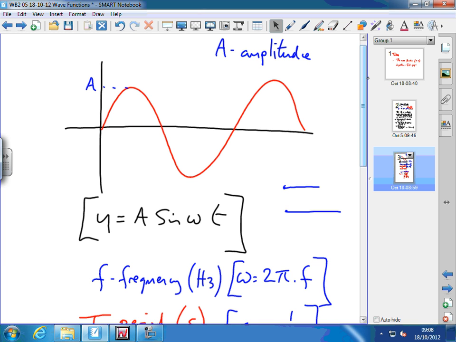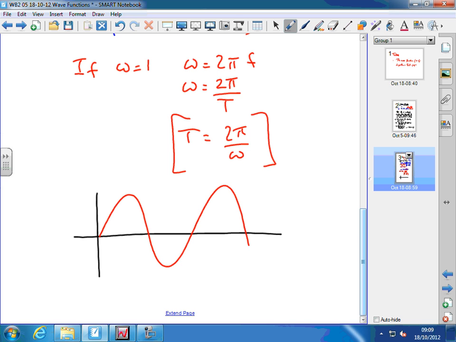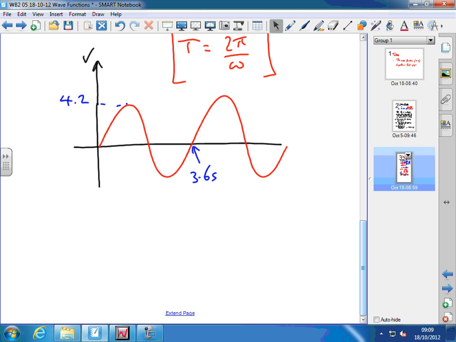If I had an example here, and I was looking at an oscilloscope trace, and I saw that this was 3.6 seconds, and I saw that this was 4.2, and I was measuring volts up here, so that was volts. I could write down what the wave function is.